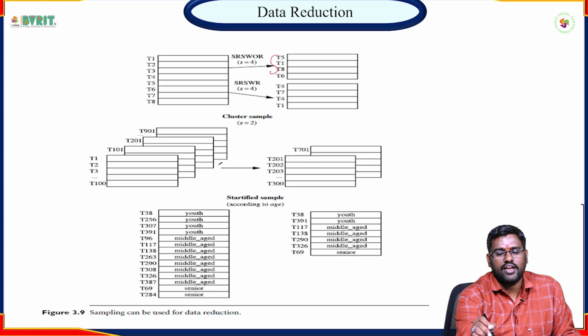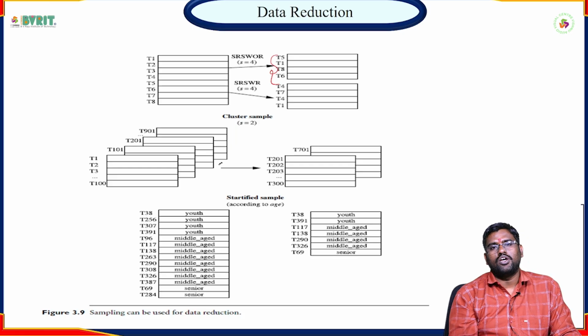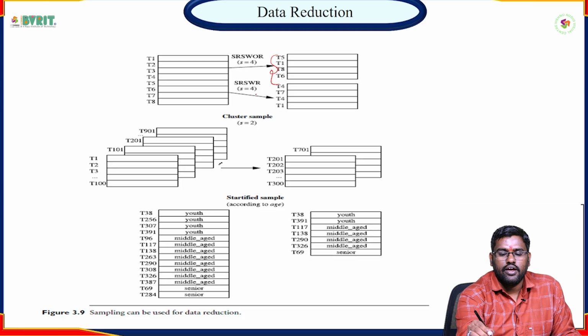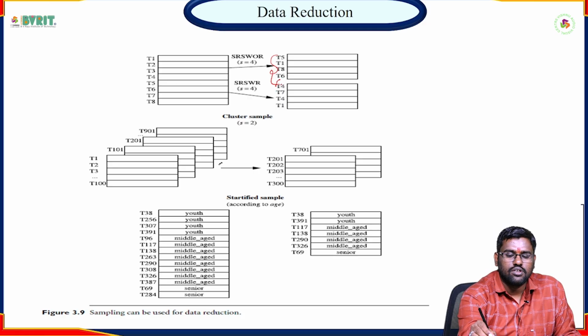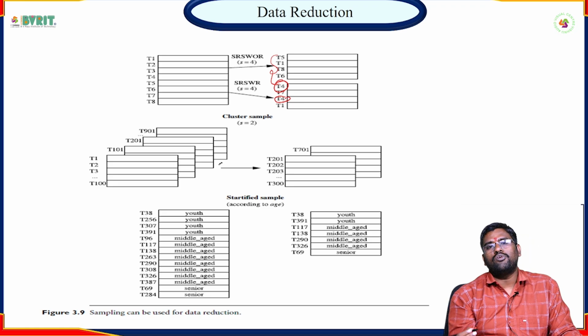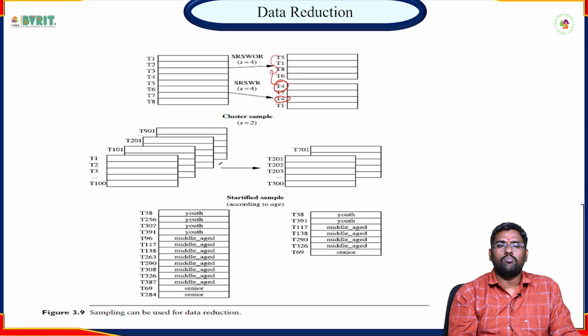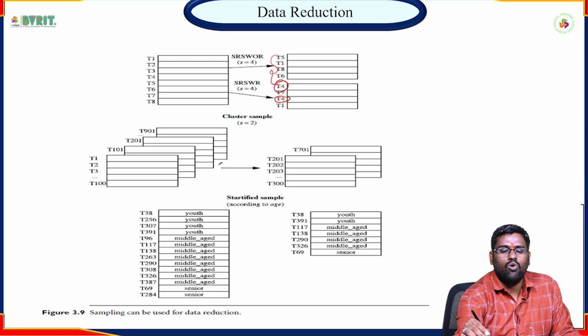These are the unique transactions taken. Simple random sample with replacement means here T4 is there, here T4 is there, here also T4 is there. The repeated transactions are included. That is simple random sample with replacement. Simple random sample without replacement is used to take only unique values.